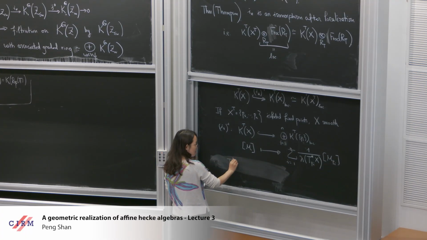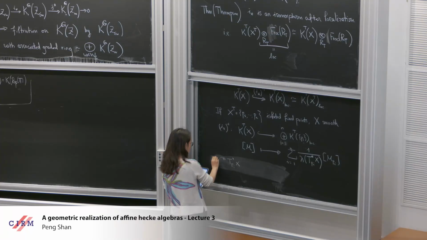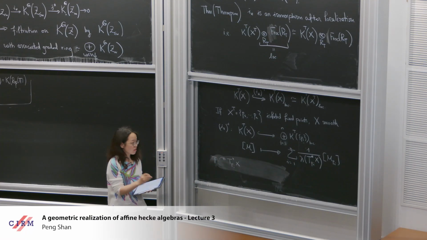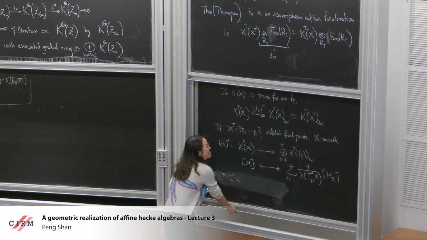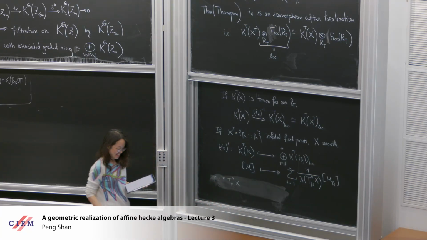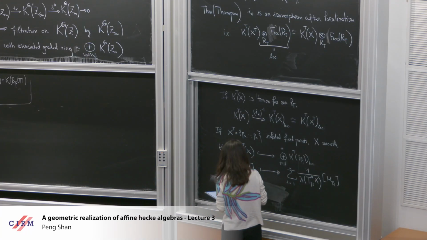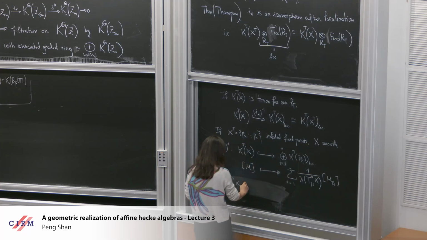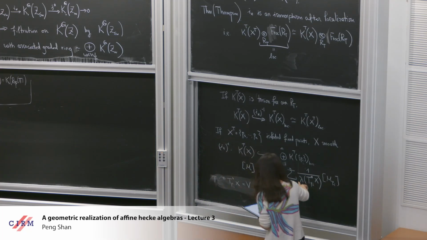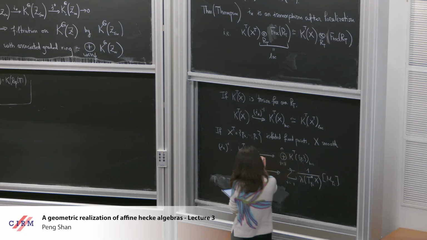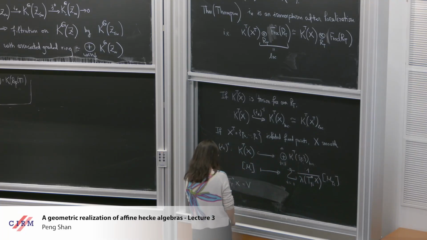This is just a representation of the torus T, and for any representation, let's call it V, what is this class?